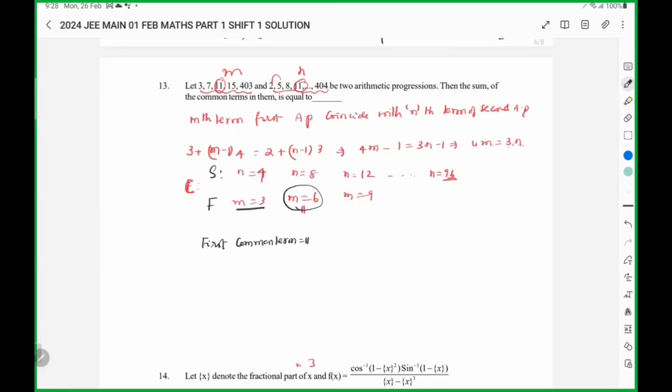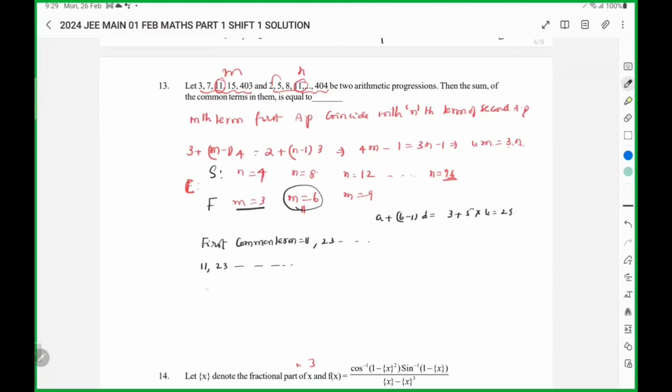To get the second common term, for the first series, if you take the sixth term, a plus (6 minus 1) into d, that is 3 plus 5 into d, which will be 4, 23rd. So like this 11, 23, up to some terms we have common terms.